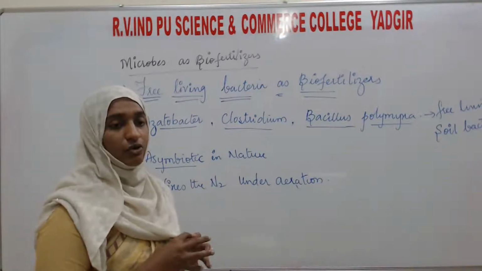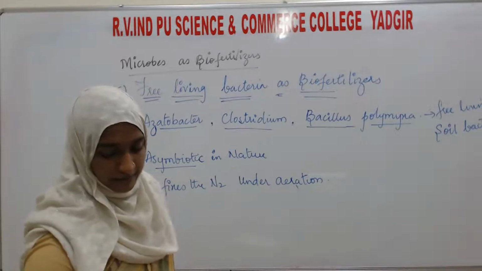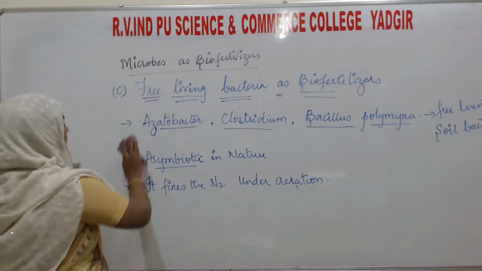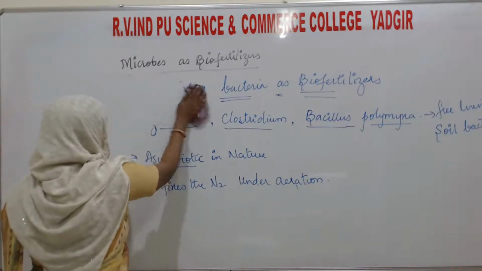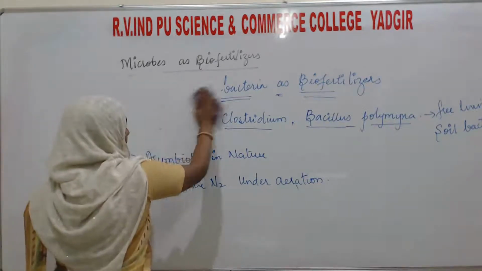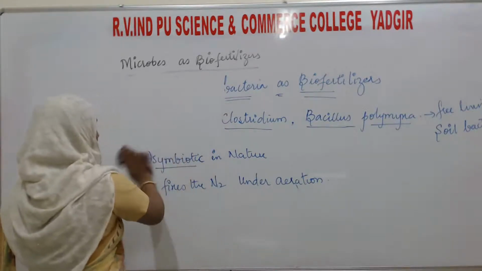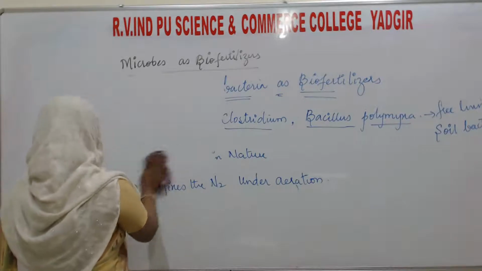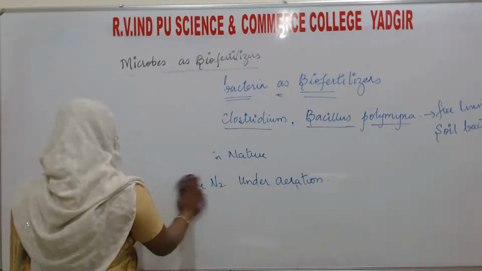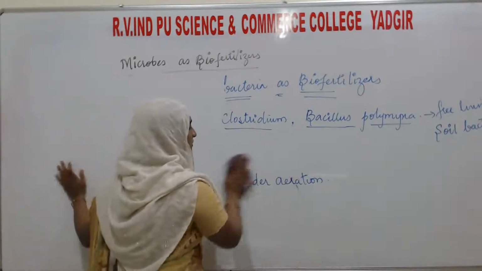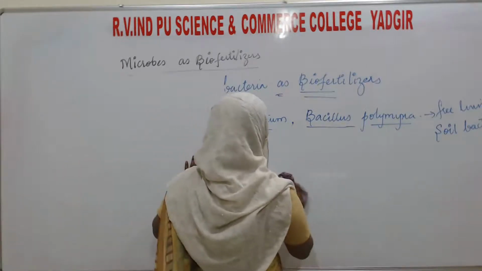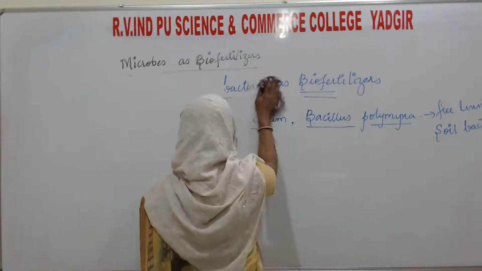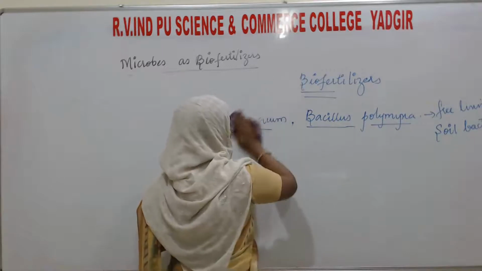Next we will go for the cyanobacteria. Cyanobacteria means blue-green algae. How are they going to fix the nitrogen? See, we already studied cyanobacteria in class 11.